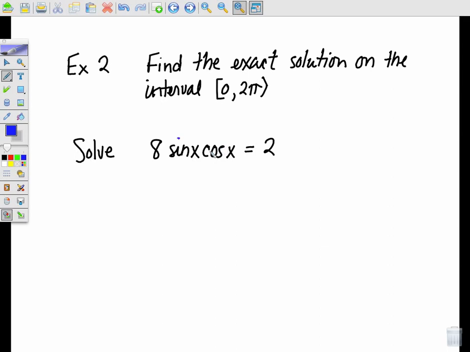You could do that if you had some powers of 2. I'm not interested in trying to square both sides at this time, but what I want you to recognize is that we do know that sine of 2 times some angle is equal to 2 sine cosine. These are equal to each other.